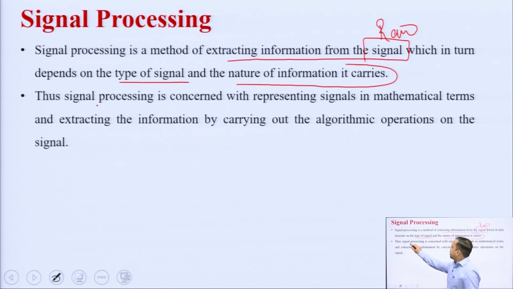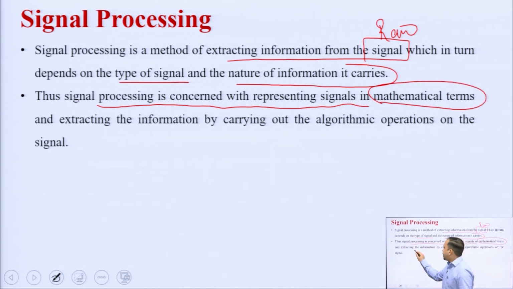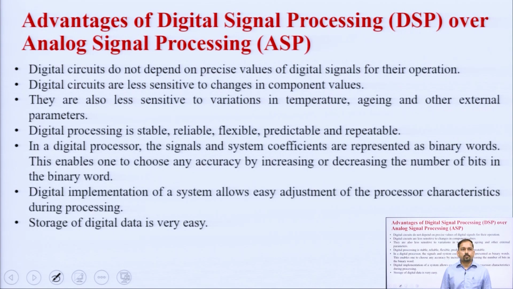Thus the signal processing is concerned with representing the signal in mathematical terms and extracting the information by carrying out algorithmic operations on the signals. So we will be seeing what type of processing we are going to apply on these raw signals.